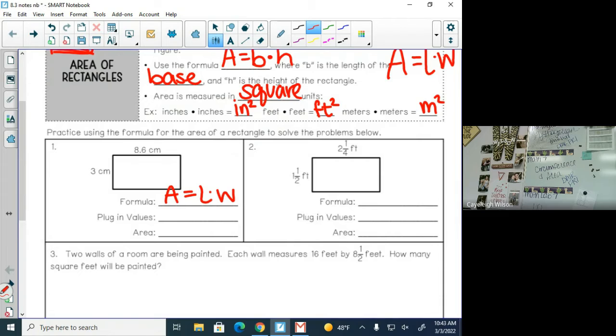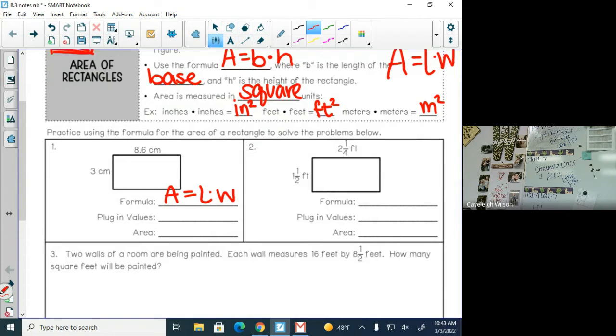Does it matter which number you multiply first by the other number? No. Because remember at the beginning of the year, we talked about how multiplication is commutative. So like, for example, what's 2 times 5? What's 5 times 2? It doesn't matter the order you multiply in, it's still the same answer. So it doesn't matter if you mix up length and width.